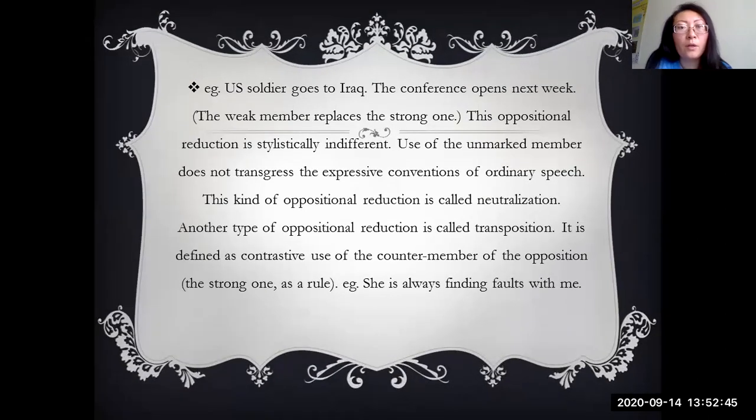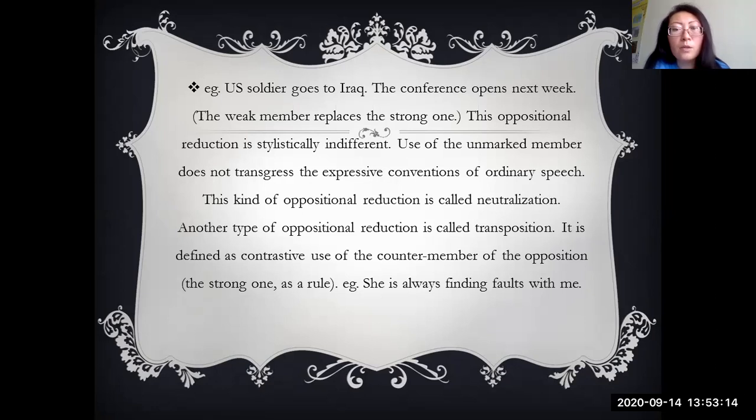Example: U.S. soldier goes to Iraq. The conference opens next week. The weak member replaces the strong one. This oppositional reduction is stylistically indifferent. Use of the unmarked member doesn't transgress the expressive conventions of ordinary speech.